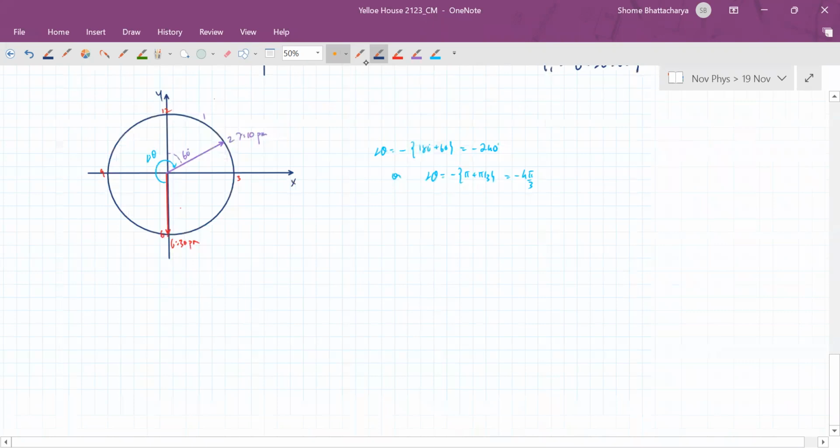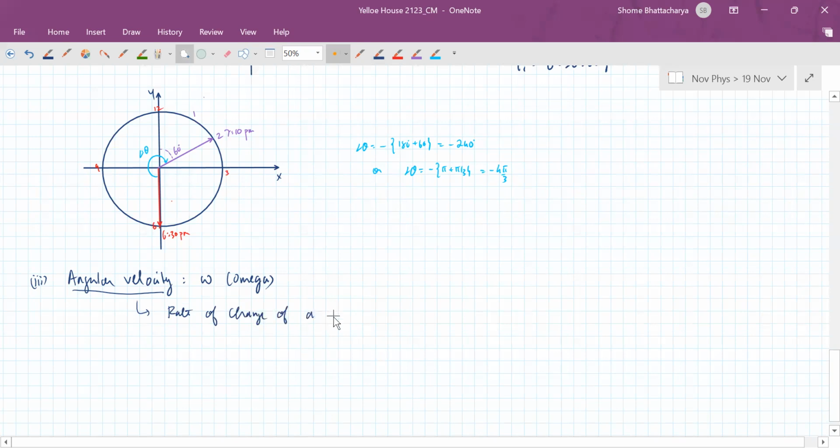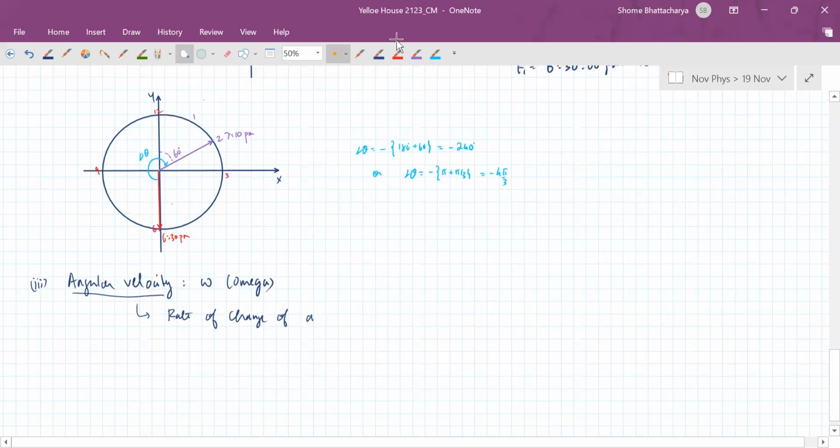Now, next thing we can see in angular parameters is something called angular velocity. We use a special symbol for it, omega, which looks like a W, but this is a Greek small omega. So angular velocity stands for rate of change of angular position with respect to time.